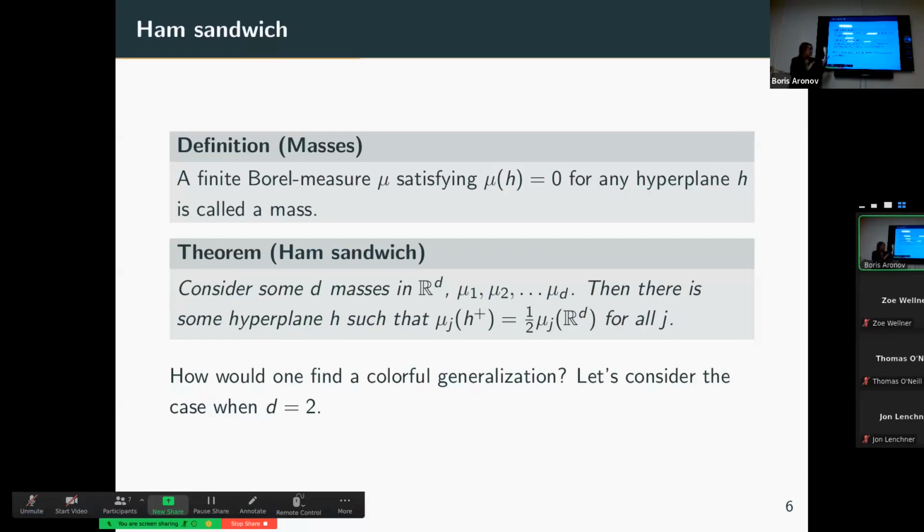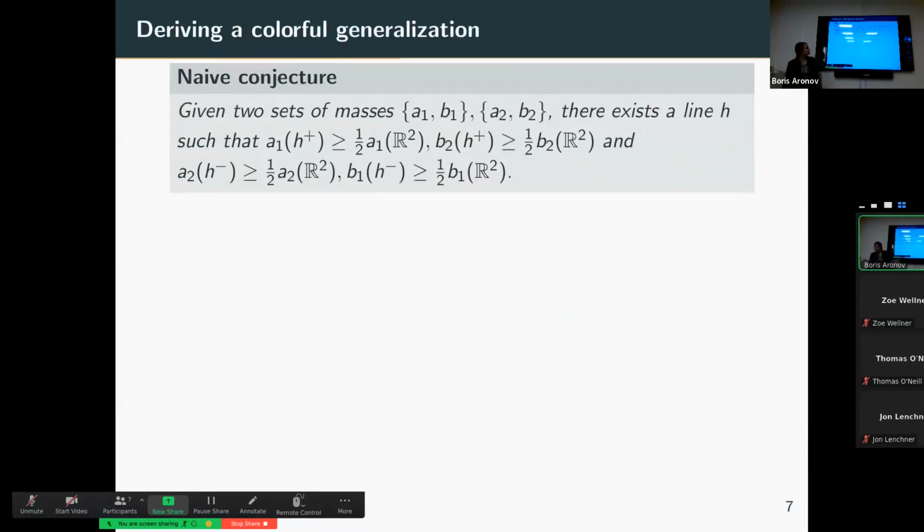And this is how we'll develop our colorful generalization. To find a colorful generalization, we can first just look at the simplest case to make sure that we are developing something good. So we'll look at when D is equal to 2. The first thing we'll need is 2 sets of masses: 2 masses in each set, because it's D masses in R^2, and then 2 sets of them.